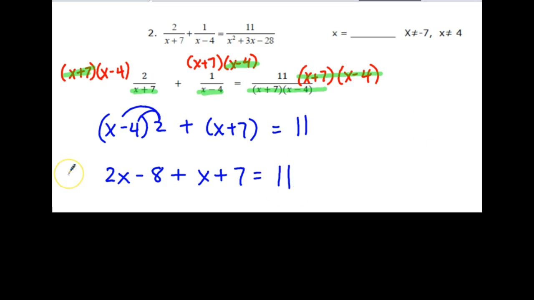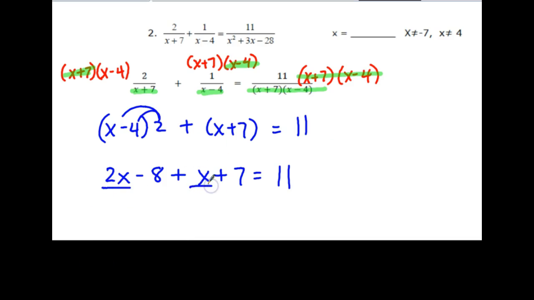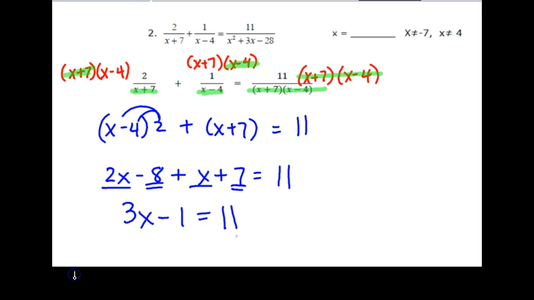At this point, do I have any x squareds? It's not quadratic. I don't make it equal to 0. I combine like terms. Those are on the same side of the equal sign, so they add up. And I continue solving. What do I do with a minus 1?